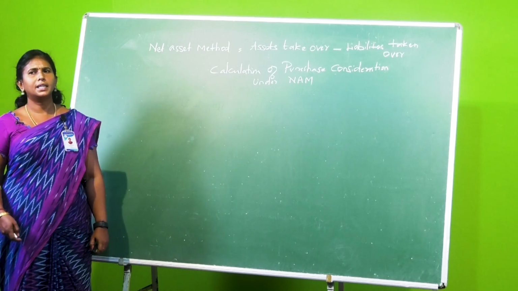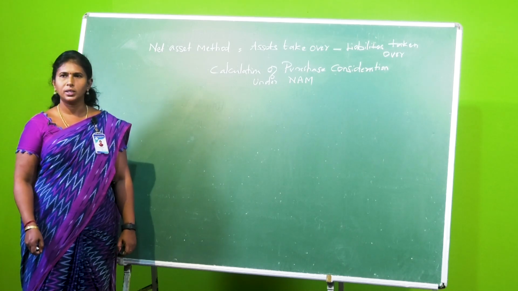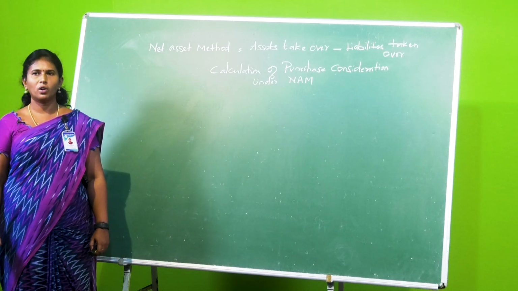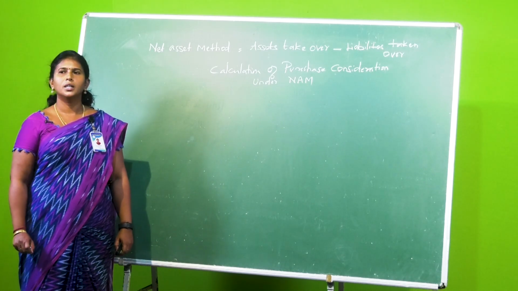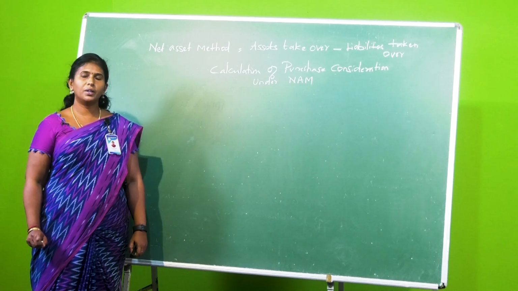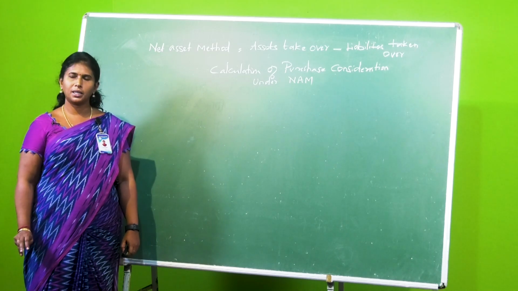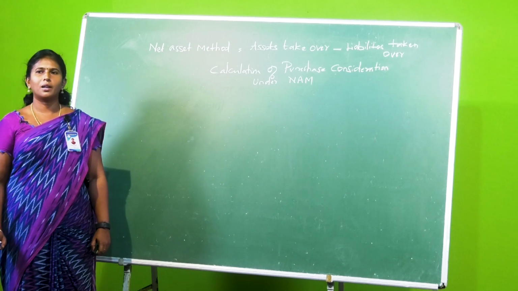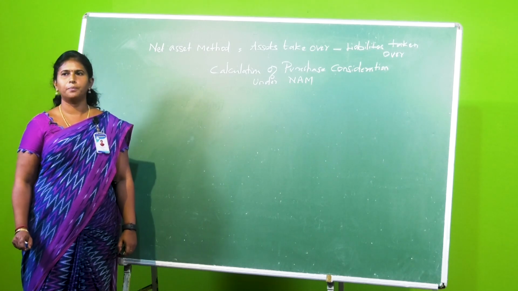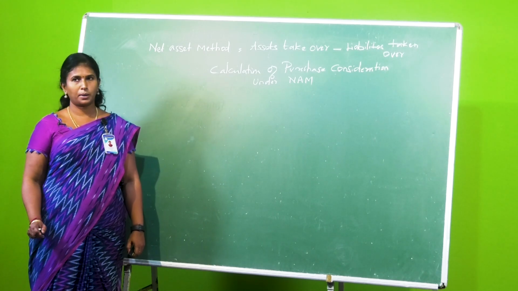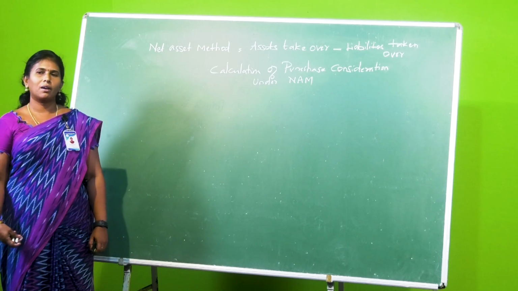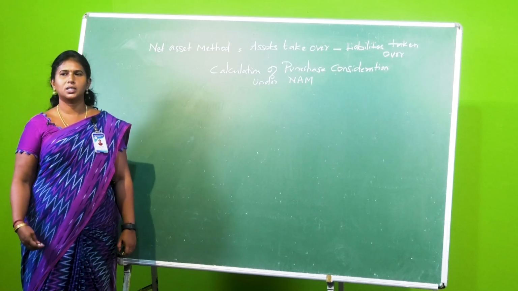So why do we apply net asset method here? Because in this problem, any information regarding mode of payment is not given. The information is given regarding the assets and liabilities only. So under this information, we have to calculate net asset method only, which is more suitable for this particular problem. Okay. So let us proceed with the calculation of purchase consideration now.